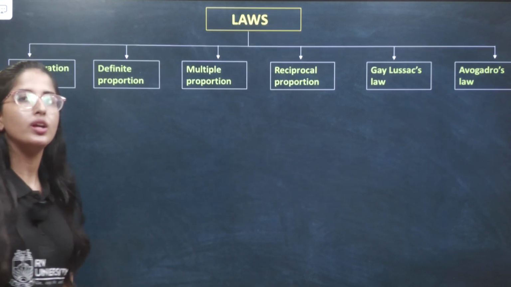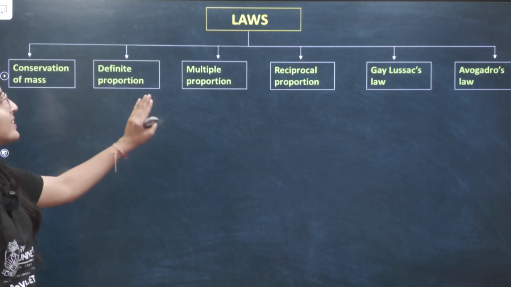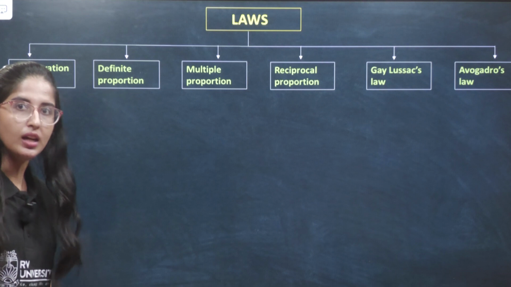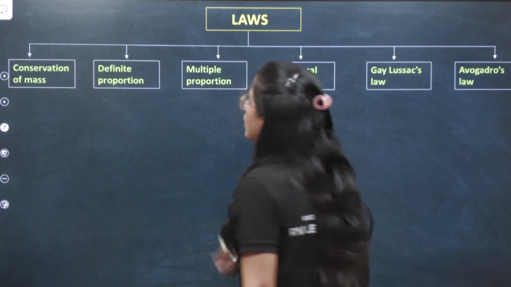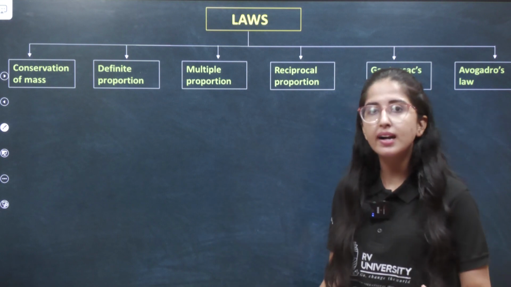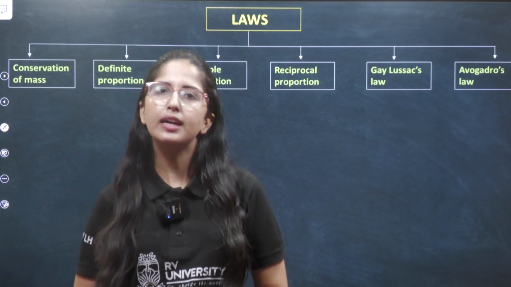Next, let us come to the laws of chemical combination. So there are 6 important laws of chemical combination. Let us discuss one by one. The first one, law of conservation of mass. The name itself is saying mass is conserved in the reaction.